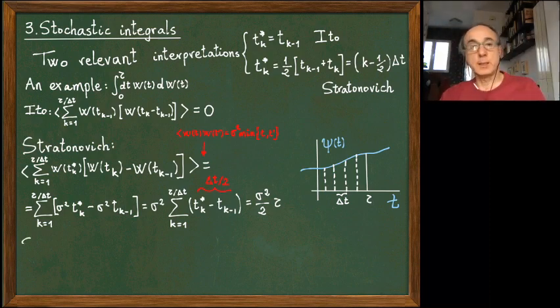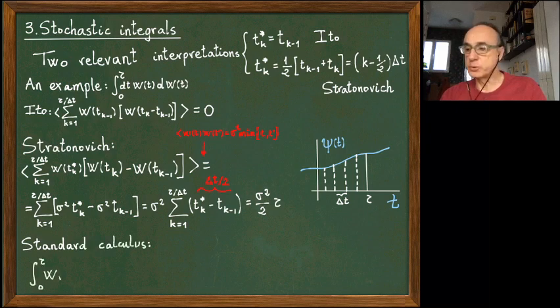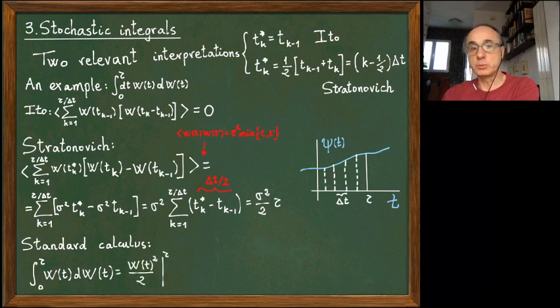And then we tried the standard procedure to calculate an integral such as this one here. So x dx is x squared divided by 2, and w dw should be, or the standard calculus tells us that the integral is w squared divided by 2.